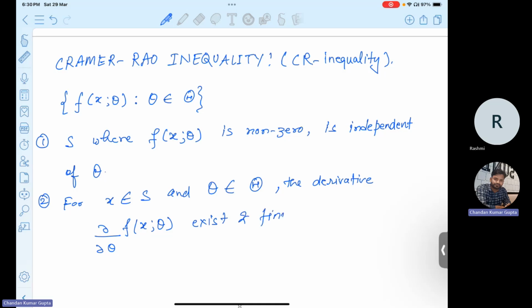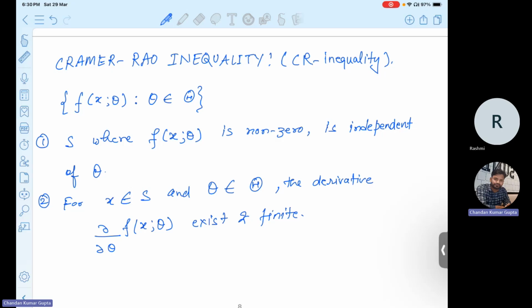When we are dealing with a single parameter, the partial derivative is replaced by the total derivative, d by d theta of f(x, theta). But when we have more than one parameter, we use the partial derivative. So these exist and are finite.